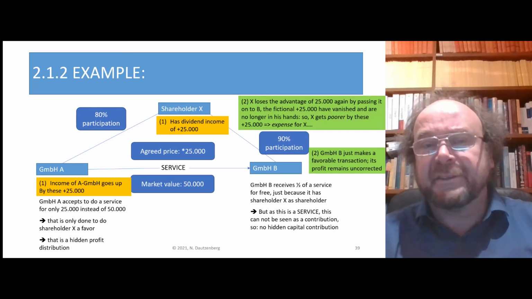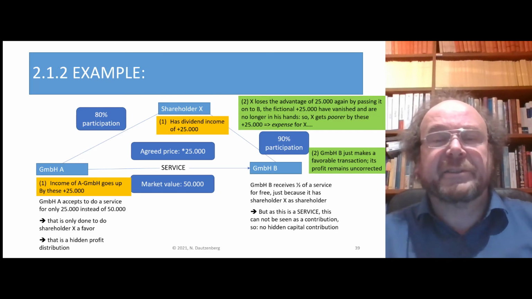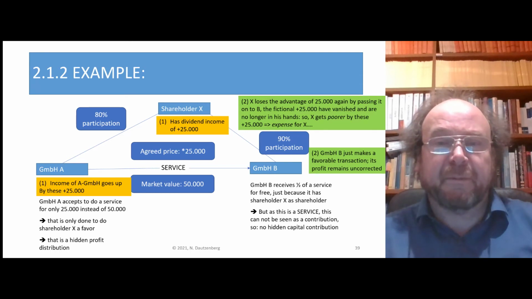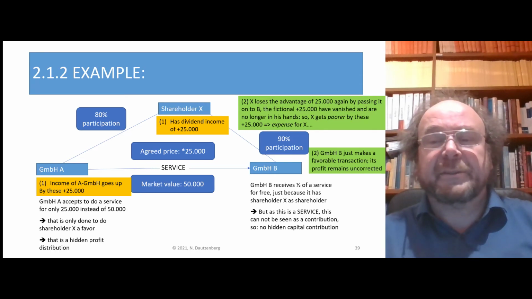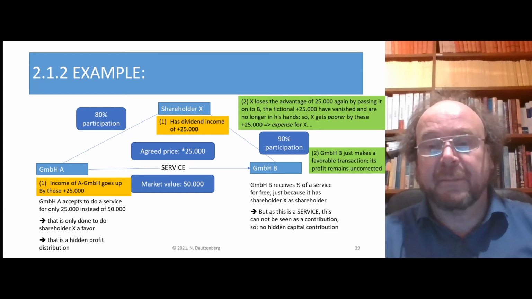He lost that thing. At the end of the year, it's no longer there. So you had to write off the economic value of that service. 25,000 again vanished. So you have minus 25,000. This is expense for X, which he can claim as deductible expense.